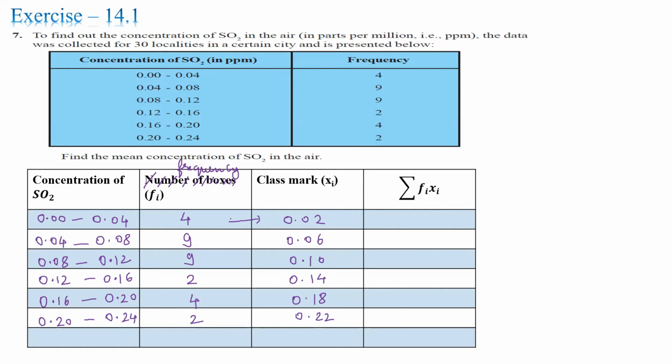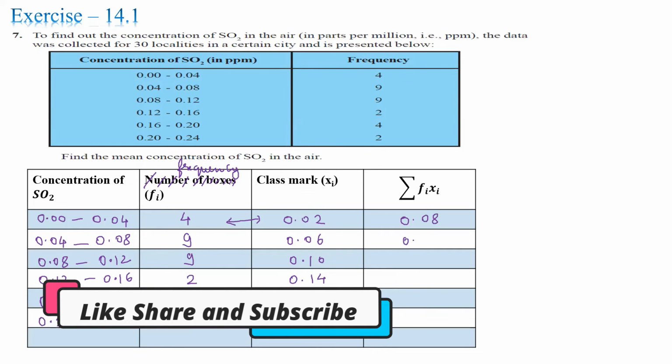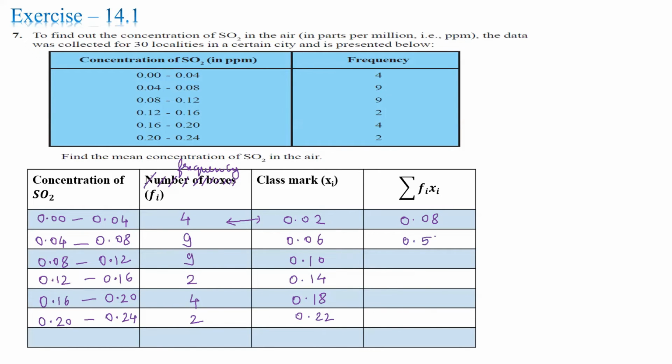Do the product of these two. What does it come to? 0.08 it will come. Next, 0.54. Next, 0.9. Next, 0.28.